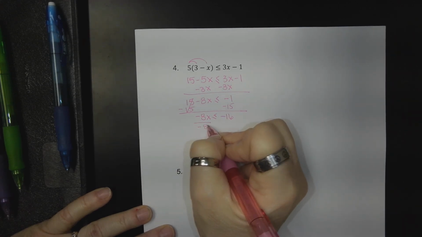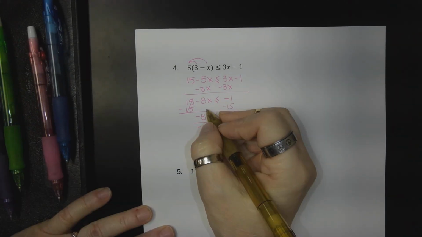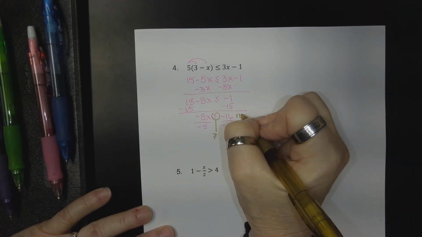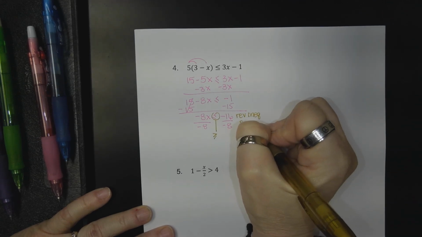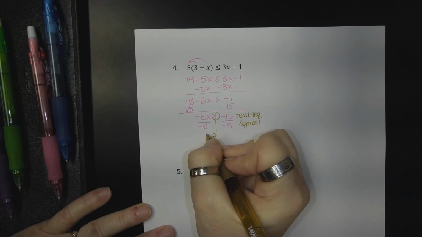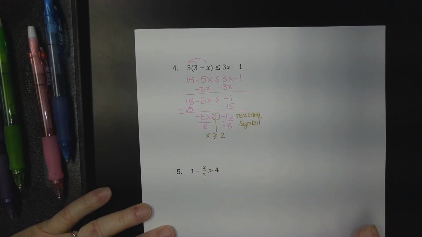Divide by a negative 8. And you guessed it, when we divide by a negative, we are definitely going to reverse the inequality symbol. Okay, these are going to cancel, so that's going to leave us x is greater than or equal to 2.